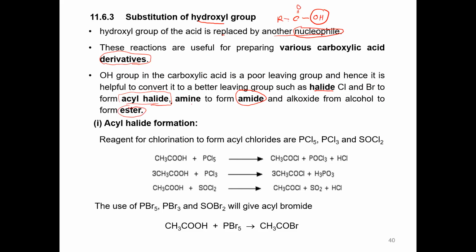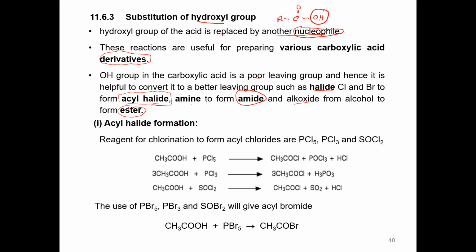So yang saya bulatkan, acyl halide, amide, ester is basically the carboxylic acid derivatives. Dia substitute the OH from the carboxylic acid. So OH is a poor leaving group. So by substituting the hydroxyl group with this halide, amine and alkoxide kan, dia lebih mudah lah untuk leave the carboxylic acid.